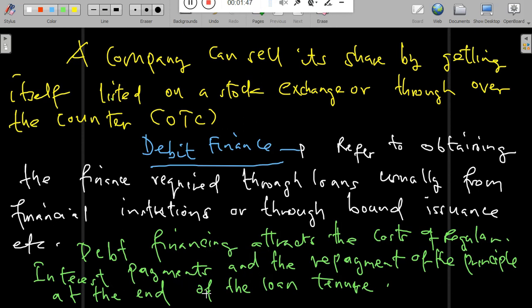Debt financing attracts the cost of regular interest payments and the repayment of the principal at the end of the loan tenure. Too much debt induces the risk of default or going bankrupt.